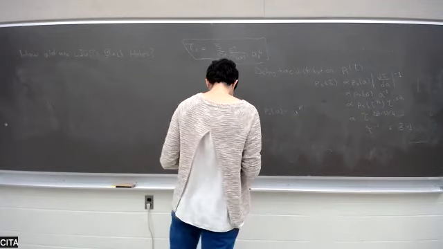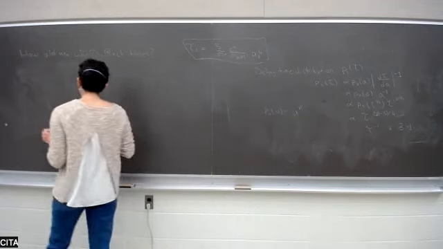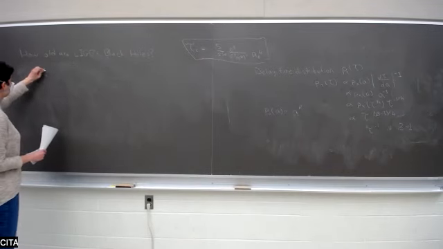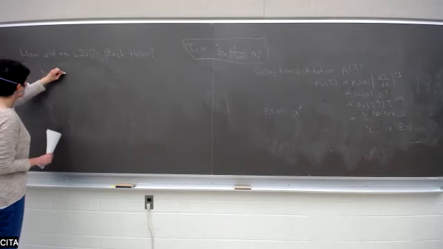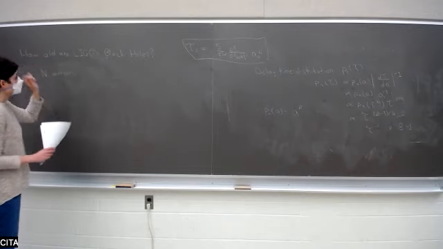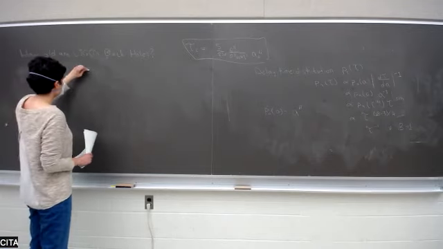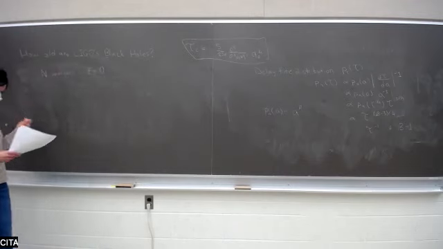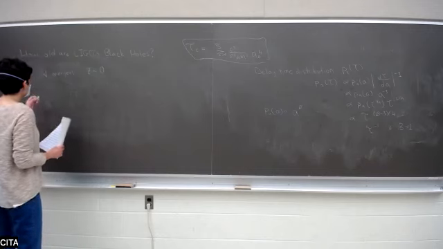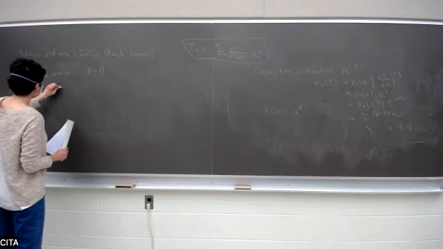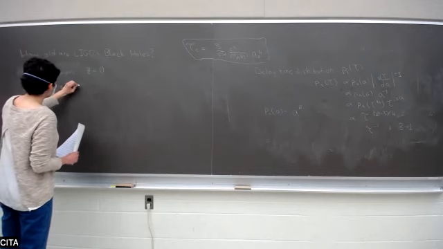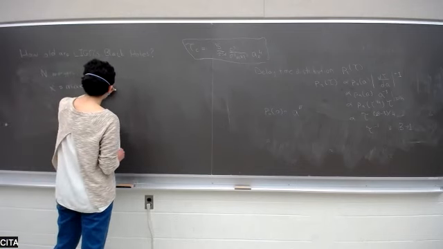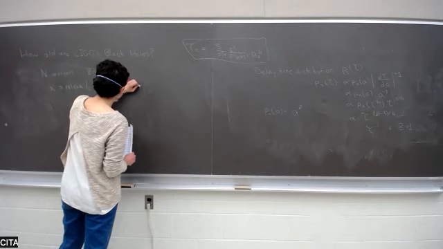So let's say we have n mergers, and let's say they're all roughly at redshift of 0 right now. Then we can talk about the maximum delay time in this sample.